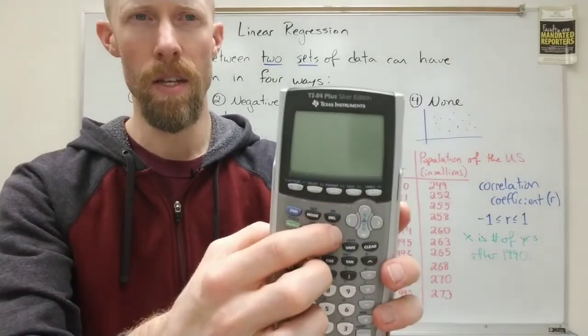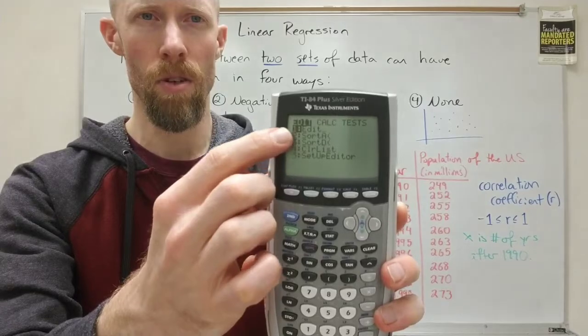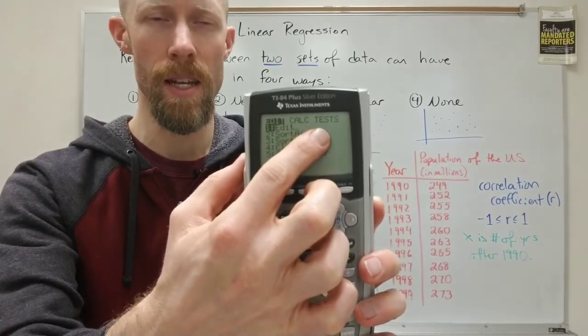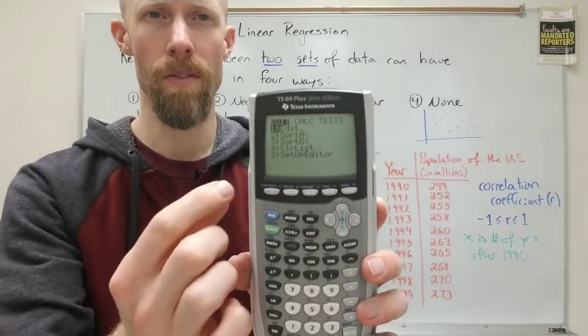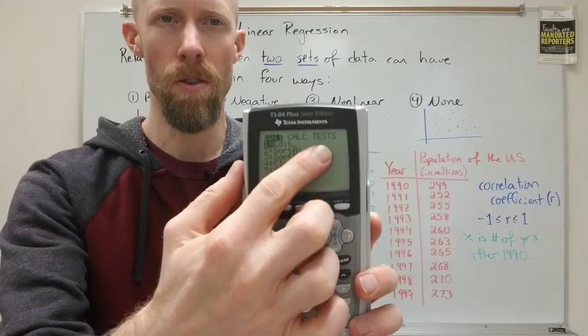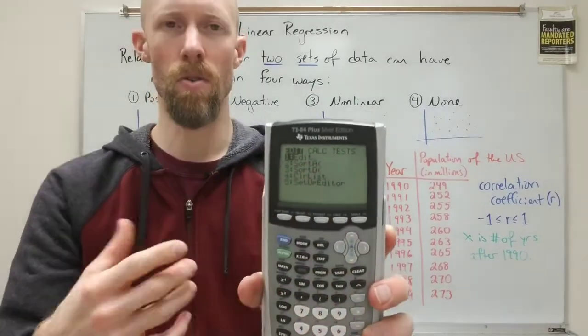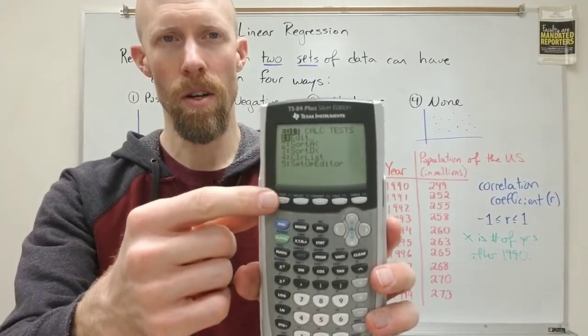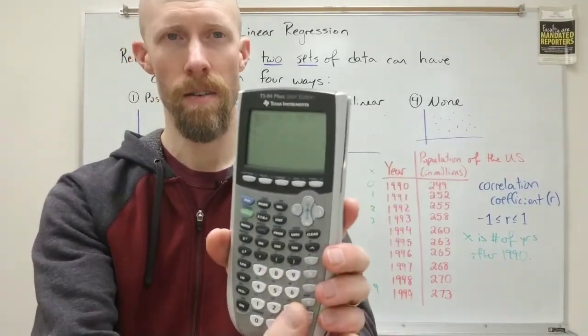Right underneath the delete. And you're going to get this menu. There are actually 3 menus. You have edit, calculate, and tests. These are different features. I think we've talked about this actually in another video. These are different menus that you can use for analyzing statistical data. We're going to go to edit and hit enter.